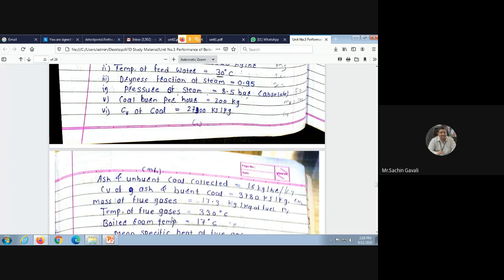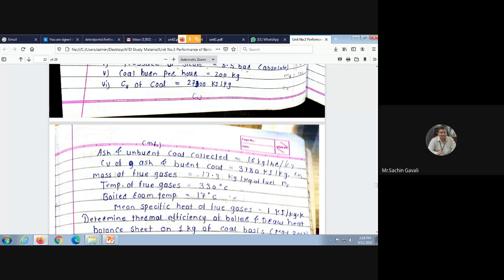Then temperature of flue gases, 330 degrees Celsius. Then boiler room temperature, 17 degrees Celsius.